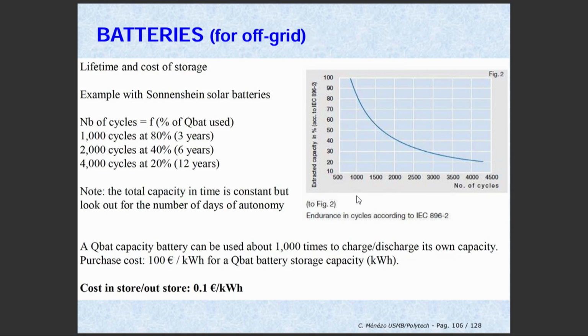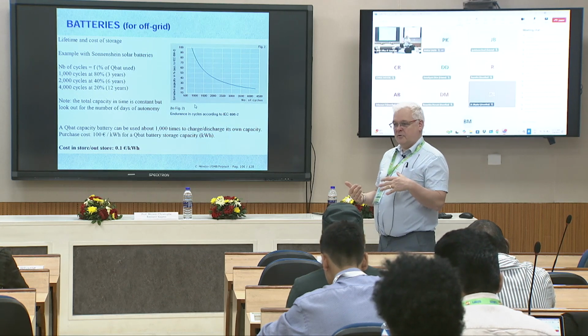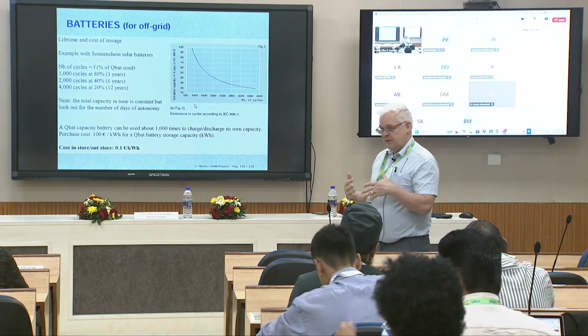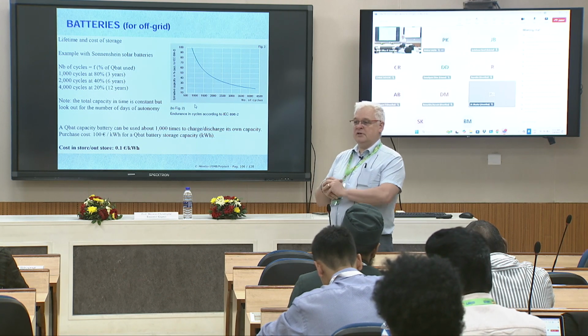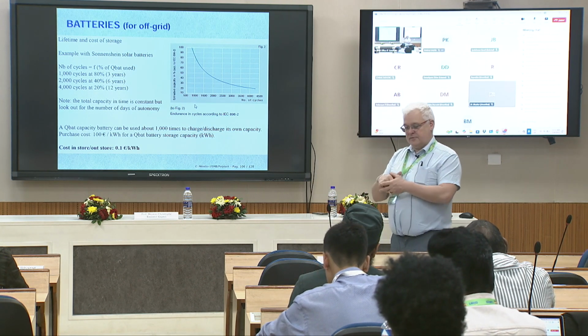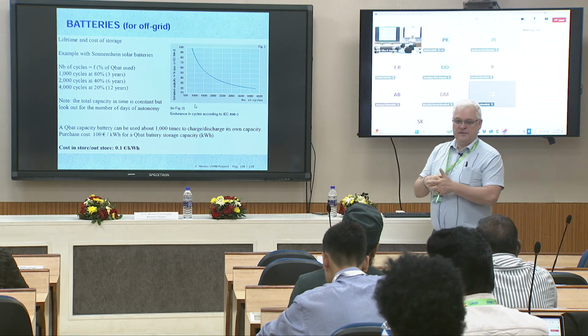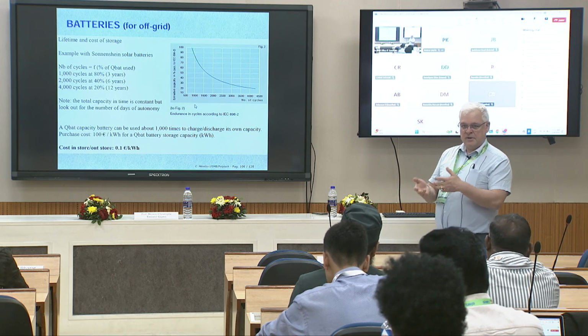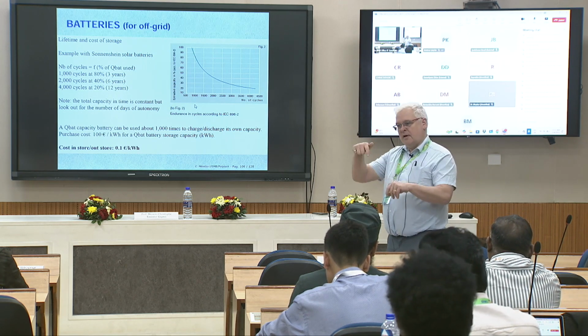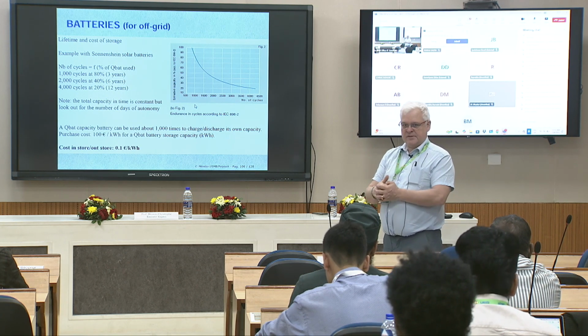If you have a lot of money to invest at the beginning, so you are quite comfortable on the design of the battery, you can say, I will choose a depth of discharge of 50%, for example. That means I will use it maximum at 50% of the capacity.